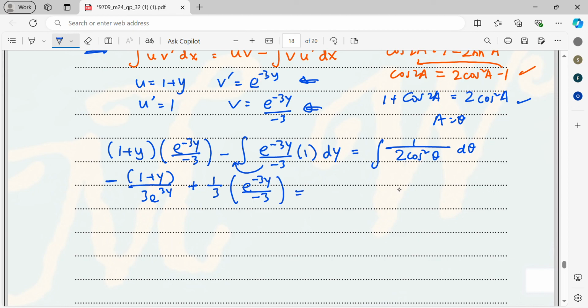Then right hand side, that is half, integrate 1 over cos, which is basically secant. So I will change to secant squared. Then this is going to be rewriting the left hand side.